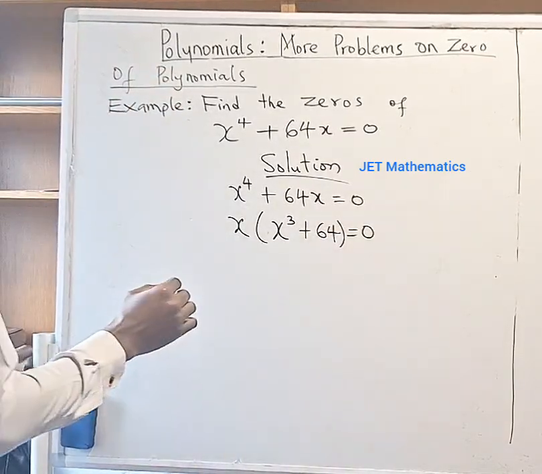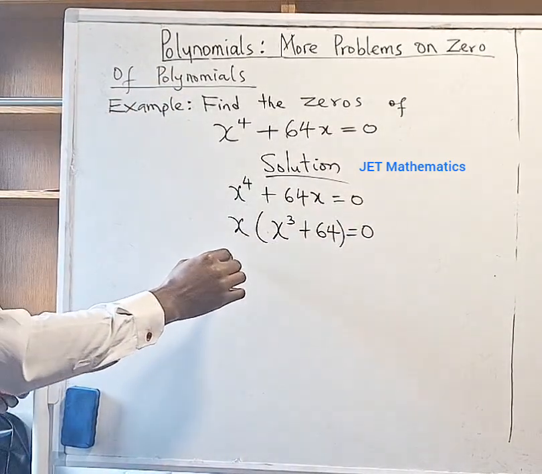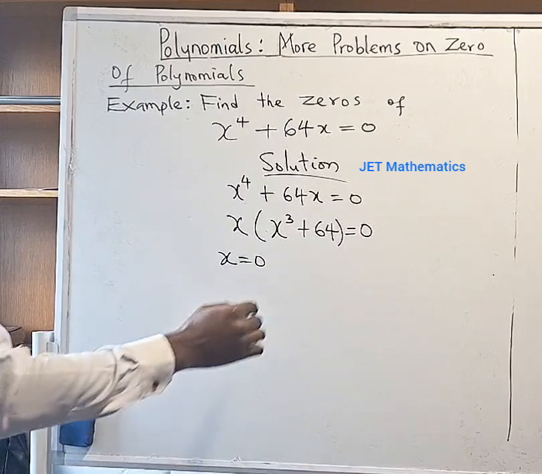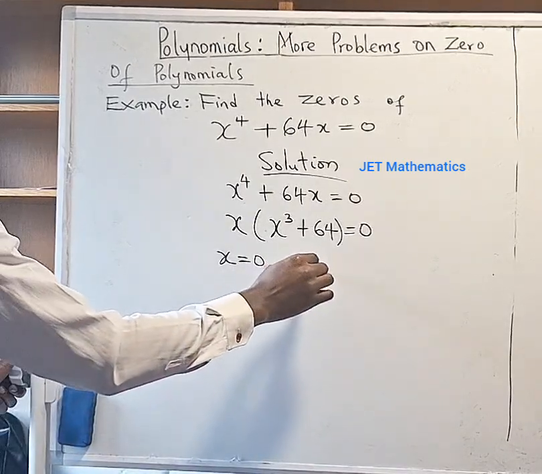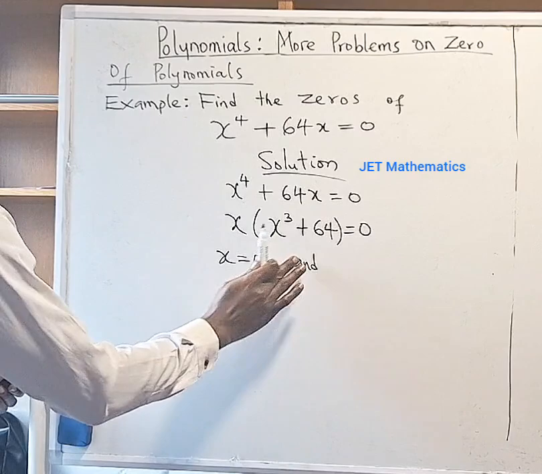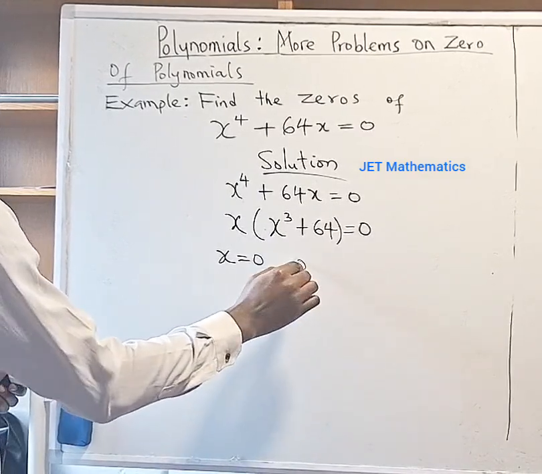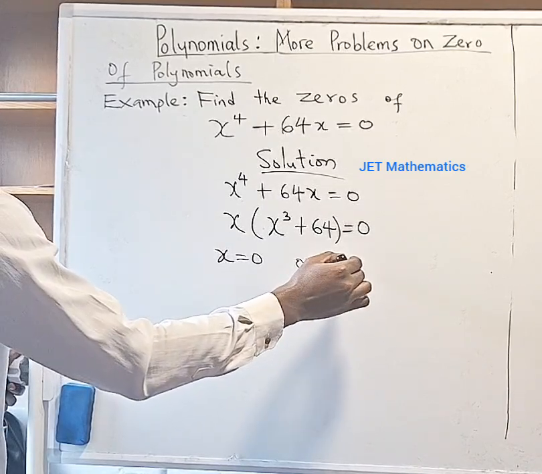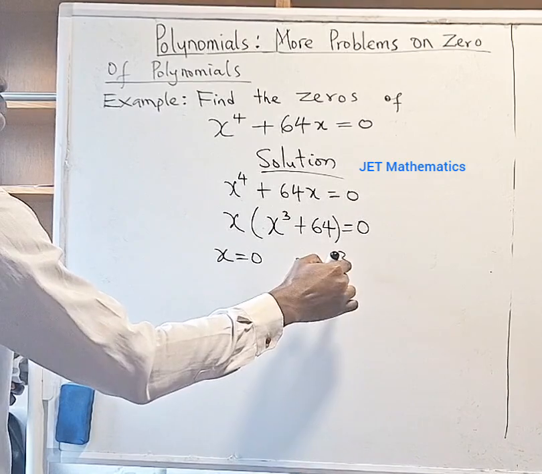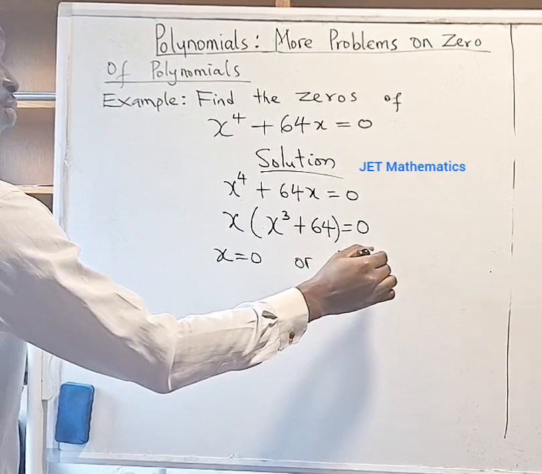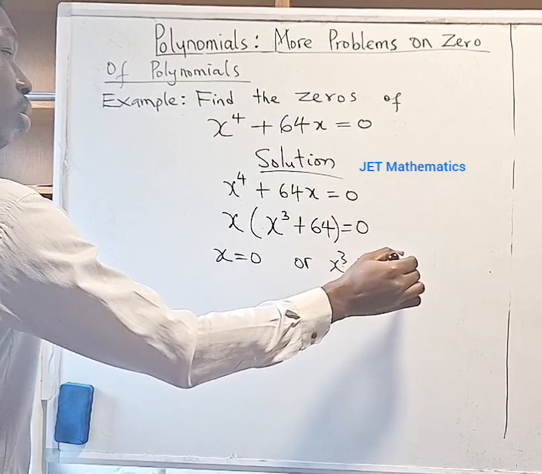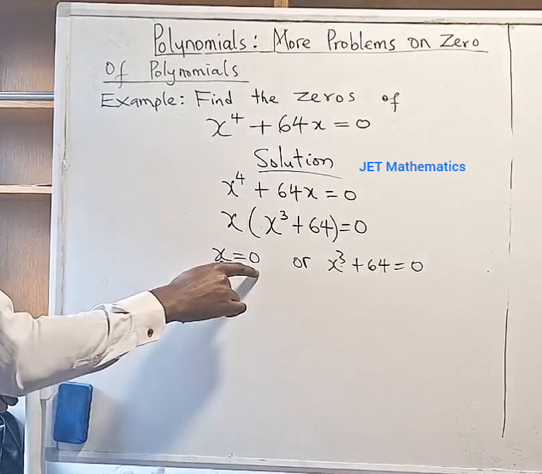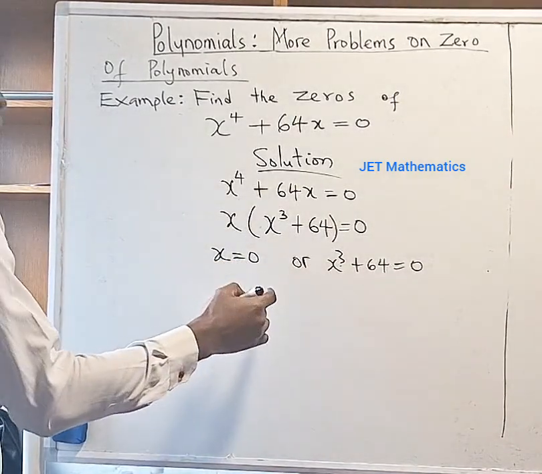Alright, so at this point we can say that x is equal to 0, or x cubed plus 64 is equal to 0. Now we've gotten one of the roots, which is x equals 0.